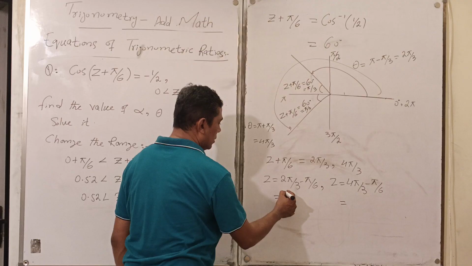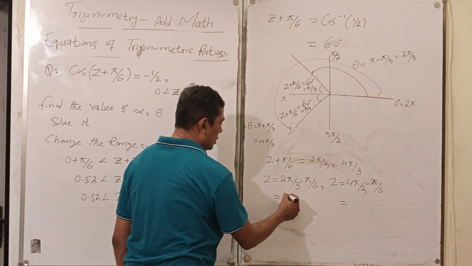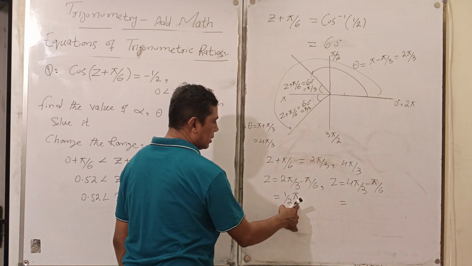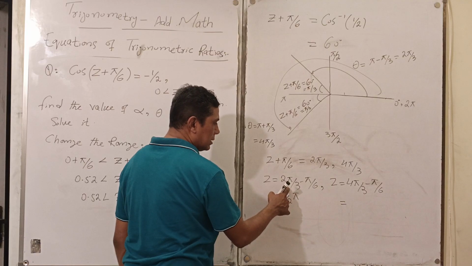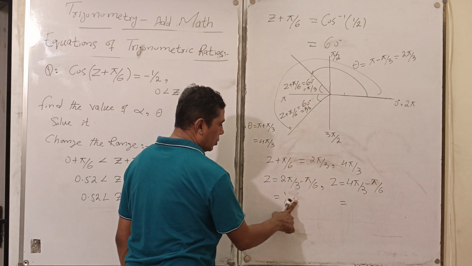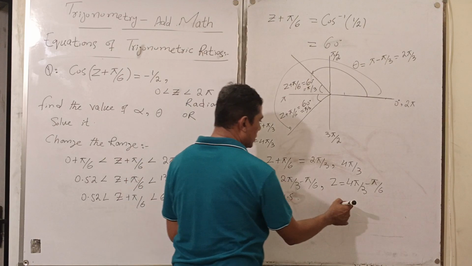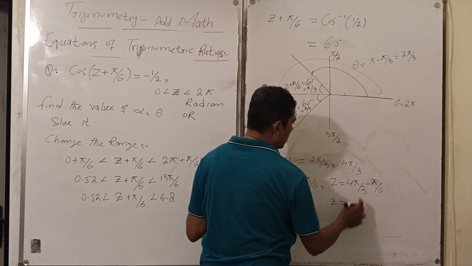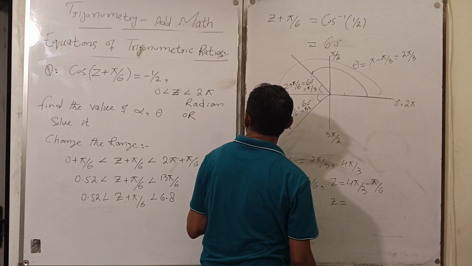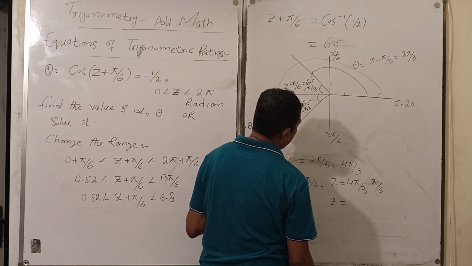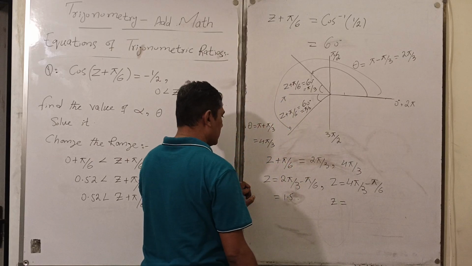1 over 2 pi. Final answer. Final answer is 1.5, this one. So I can write it directly in the radian form, 1.5. What about this one? 4 pi over 3 minus pi by 6 is 7 over 6 pi.